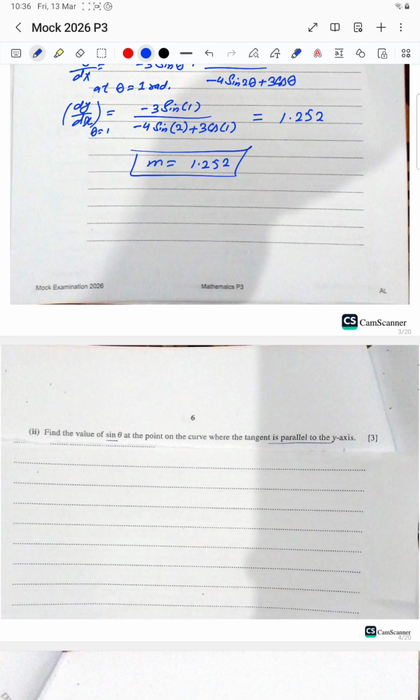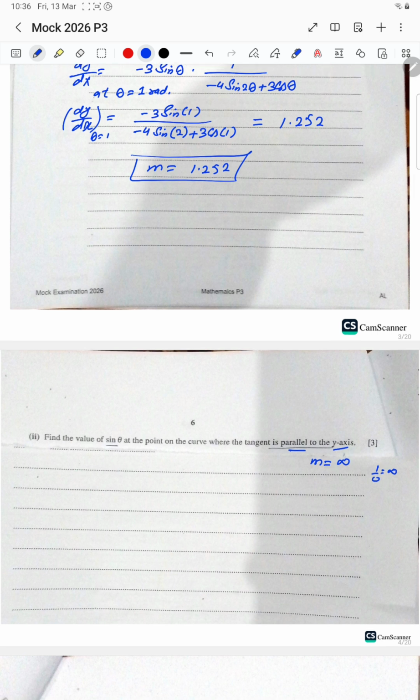Here goes the second part. Find the value of sine theta at the point on the curve where the tangent is parallel to the y-axis. When the tangent is parallel to the y-axis, we know the gradient will be undefined. That means it will be 1 over 0, which is undefined, you know well. So I will write the gradient.